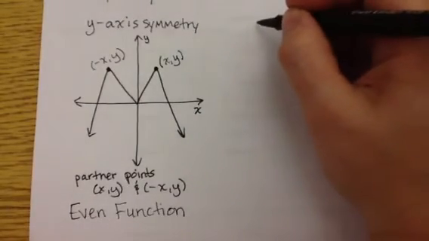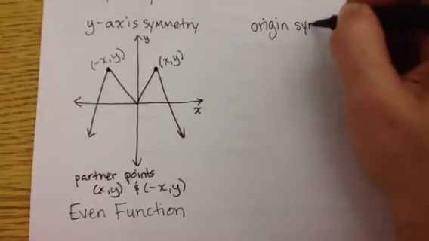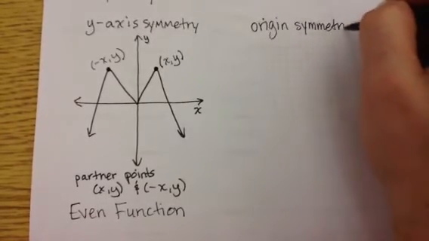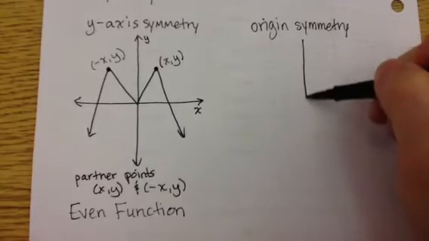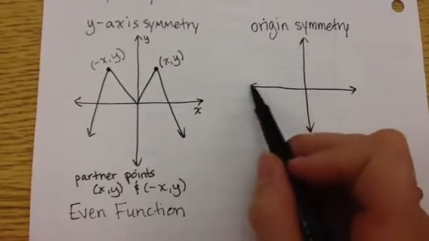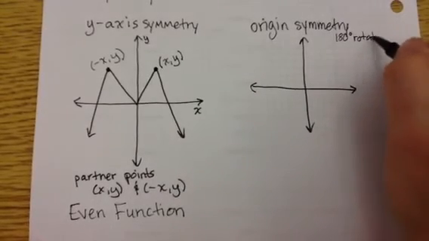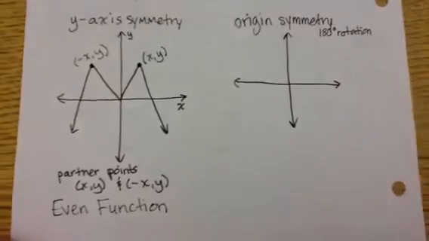The other type of symmetry that we're going to talk about is origin symmetry. Origin symmetry is really 180-degree rotational symmetry.